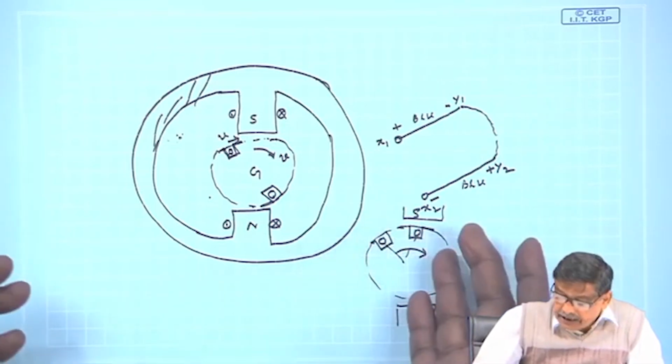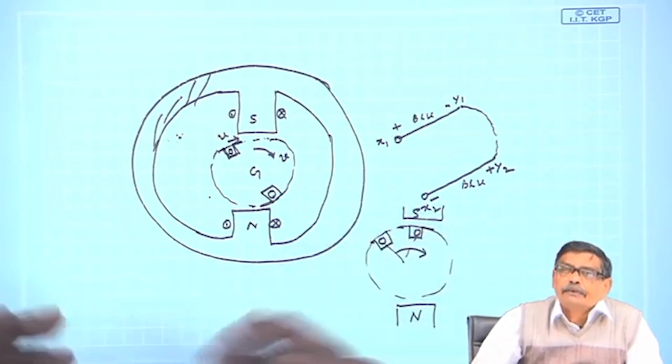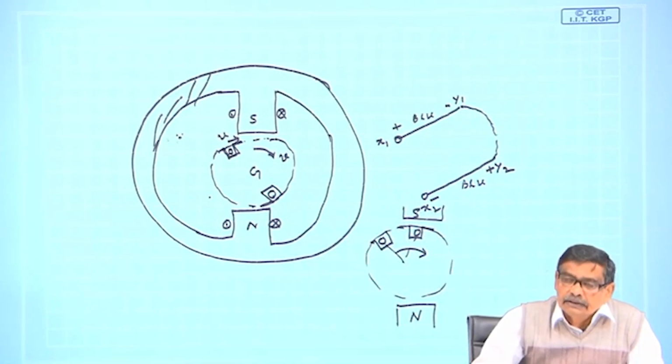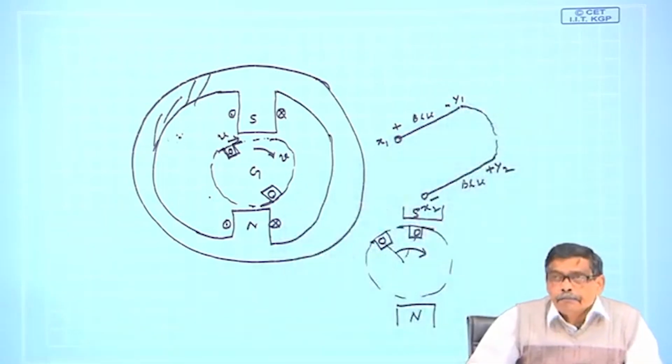And if you arbitrarily place the second conductor, it will never ensure the maximum voltage you will be getting across the combination of these two conductors.